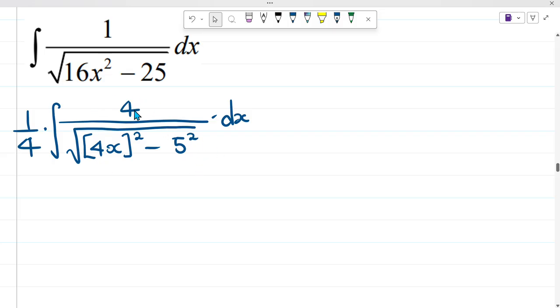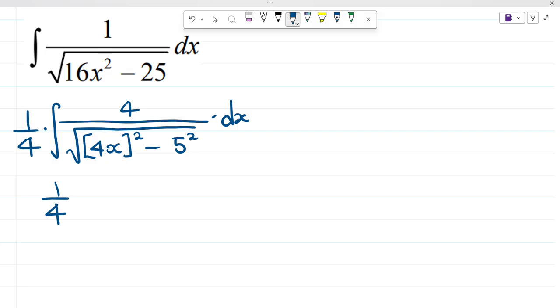So since now 4 is the derivative of 4x, then we can now make a conclusion that the thing that we are dealing with is hyperbolic cos inverse. So whatever is outside the integral is going to go with me to the answer.